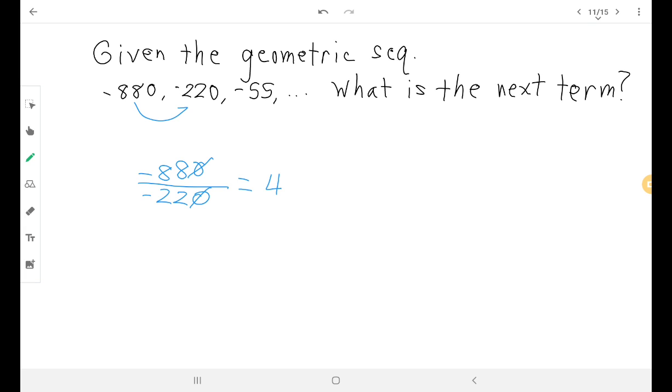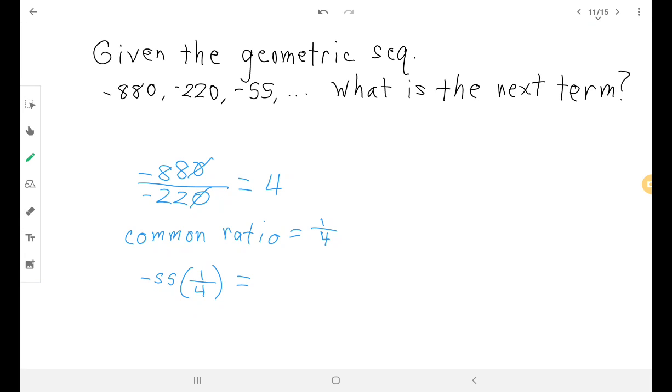But notice that when I move from one to the next, I'm actually going down. So my common ratio, the thing that I keep multiplying by, is 1/4, right? To go from one to the next, I need to multiply by 1/4. So I just need to do negative 55 times 1/4 to get the next term.